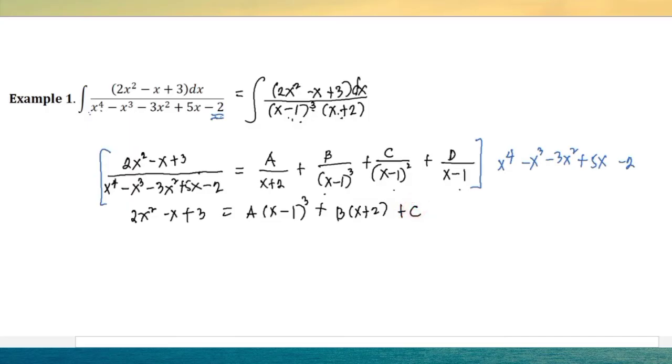And for the C, since it is cubed, two of the x minus 1 factors will cancel, therefore we still have x minus 1 left, and of course, the x plus 2. And for D, since we have a cube here and the first power here, we still have two factors remaining, so that is raised to 2.